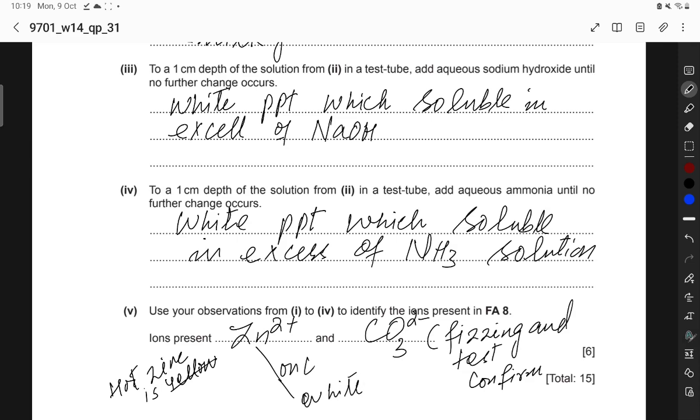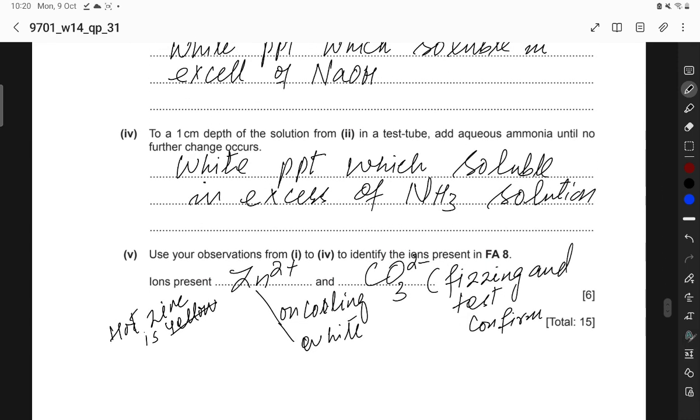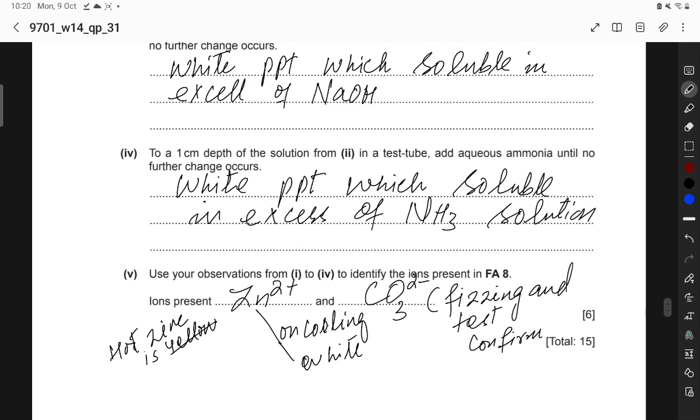So this test and the sodium hydroxide and ammonia tests confirm that it is the zinc ion, and fizzing and effervescence confirm that it is the carbonate ion.